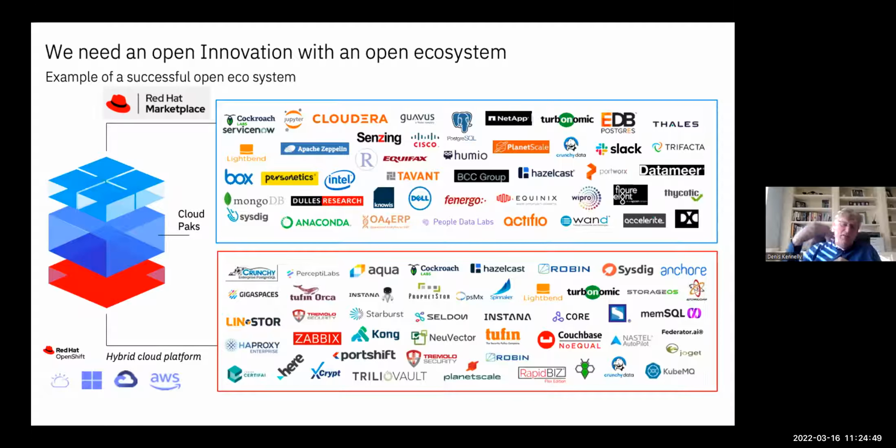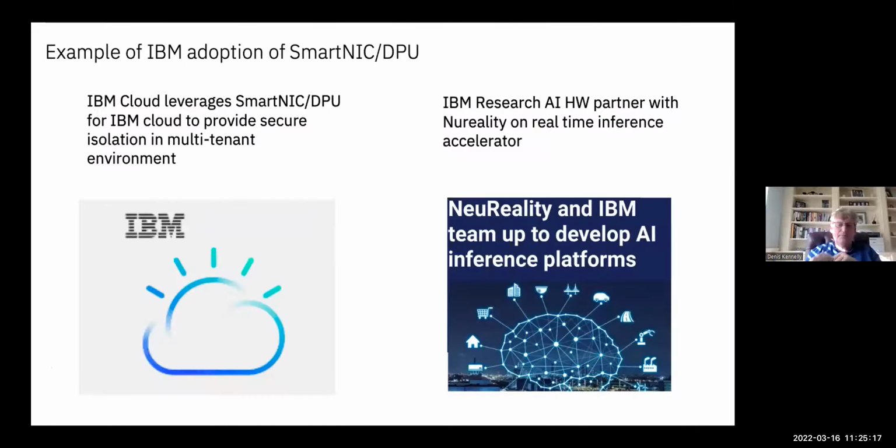Because open source innovation is great, but without those enterprise features, those hardening features, and making sure you can do that consistently across the environment, back to this consistency, you get a lot of one-offs and forking going on unless you do that in a consistent way. As we drive this open innovation, making sure we have an open ecosystem around it is critical, as is the example we have with Red Hat and Kubernetes.